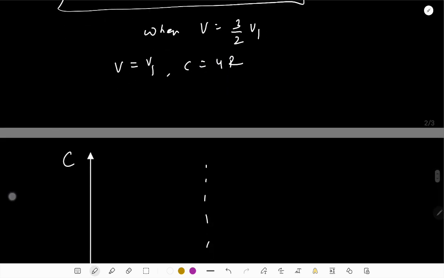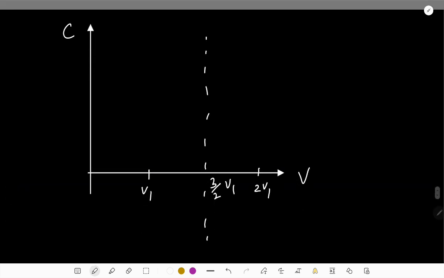And so the graph in this section, if I write here 4R, the graph between V1 and 3 by 2 V1 is going to start from here, and it will be like this, a hyperbolic graph.